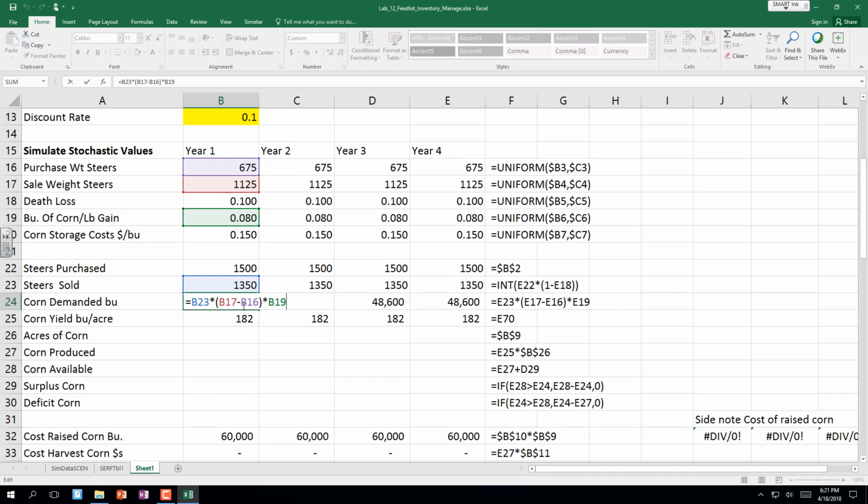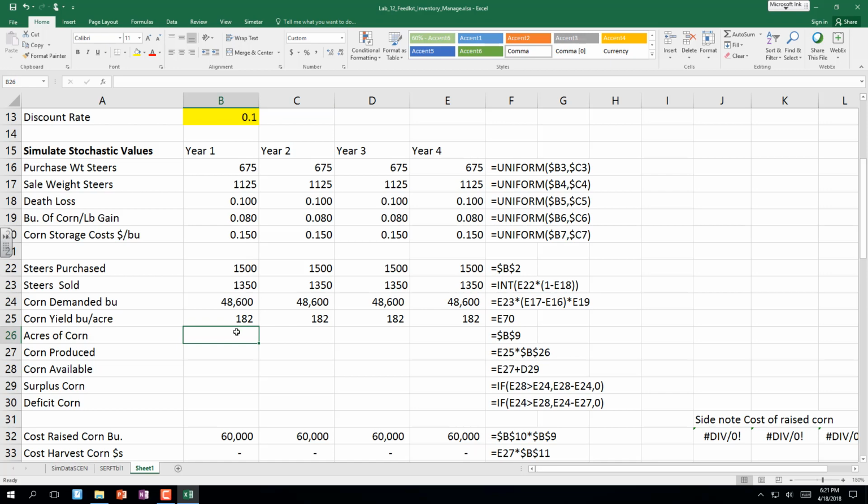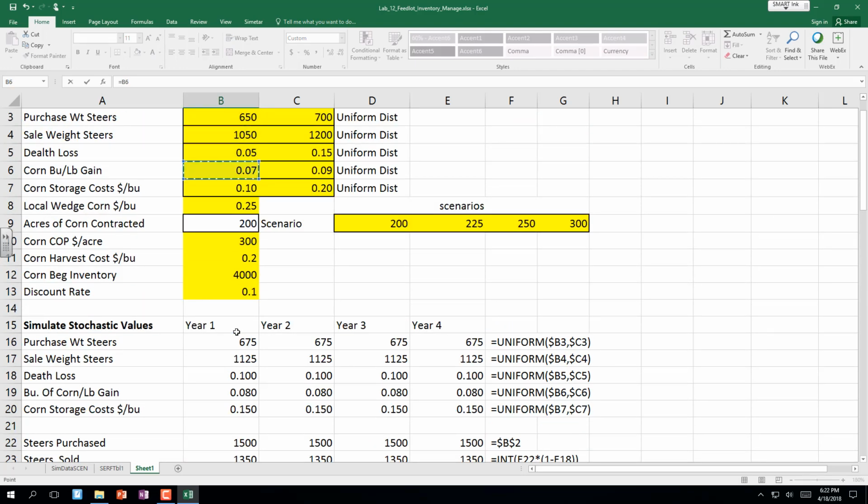And it took 0.08 bushels per pound of gain. Okay, so you multiply those out and it works. Okay? And that's how much corn we really need to feed those 1,500 head.